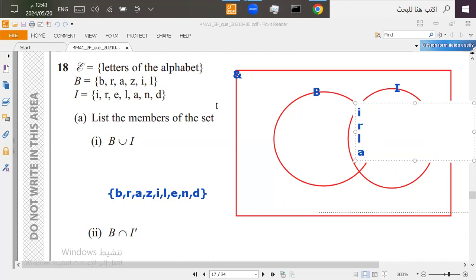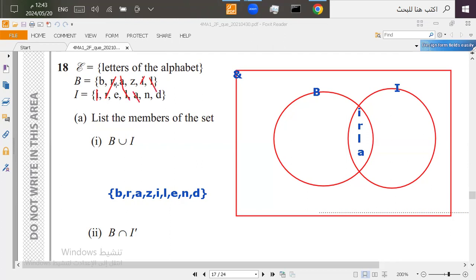So we have I, R, L, A, okay? Now, because we use them here, we have to remove them from the sets here. So we already used the R, the I, and the A and L.